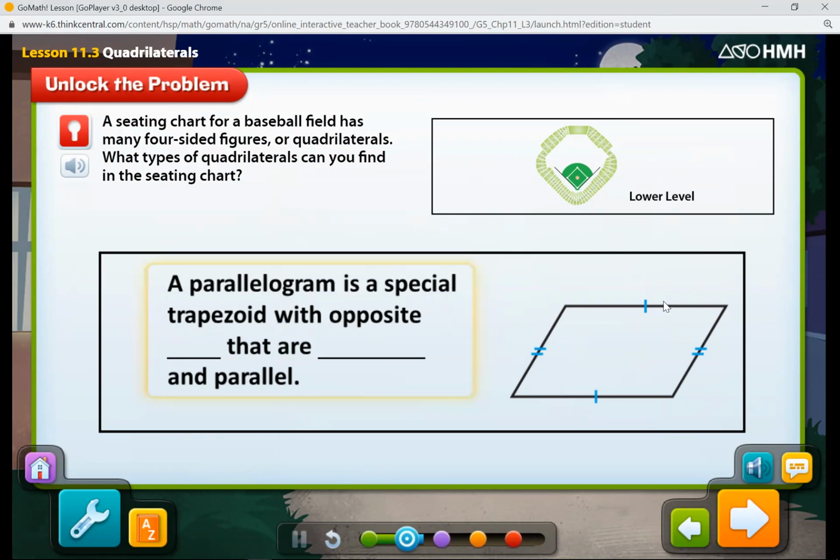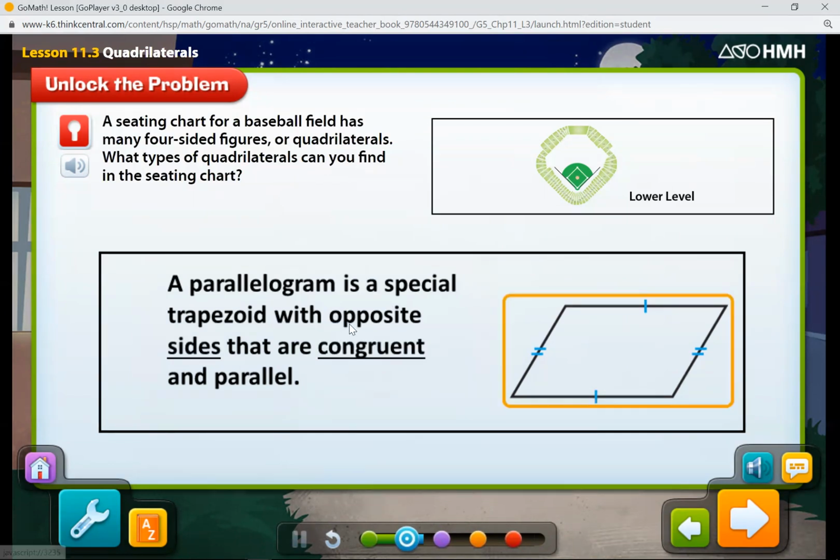They have opposite sides, right? Remember those opposite sides? They're congruent and parallel. So those little marks mean that they are the same length. They're congruent, and they're never going to meet, they're parallel. A parallelogram is a special trapezoid with opposite sides that are congruent and parallel.